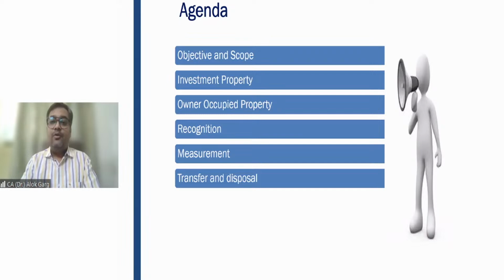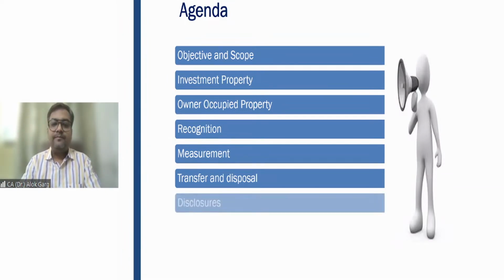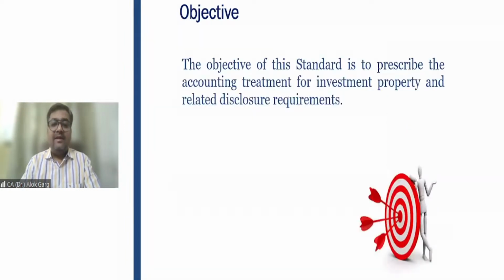Let's say your investment property is getting transferred into PPE, property, plant and equipment, or your investment property is transferred into inventory. How this transfer will happen, I mean more from the accounting perspective, not from the legal perspective. And at the last, we have disclosures and the key differences.